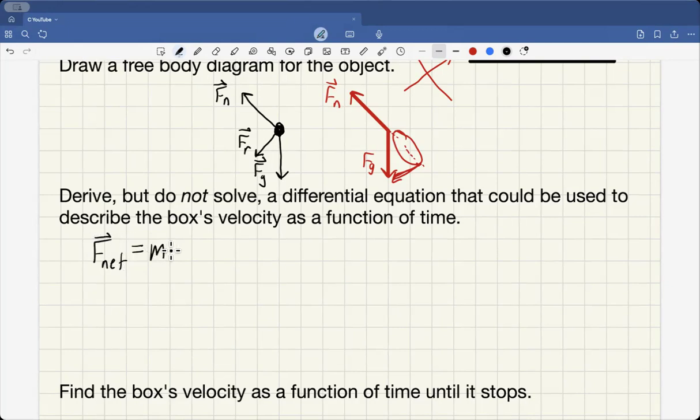Whenever you're talking about just the words differential equation in mechanics, always Newton's second law. But for electricity and magnetism, there's another law that they might ask you to use. However, anytime you're working with just mechanics quantities in a differential equation, so velocity, position, time, they're always going to start with Newton's second law.